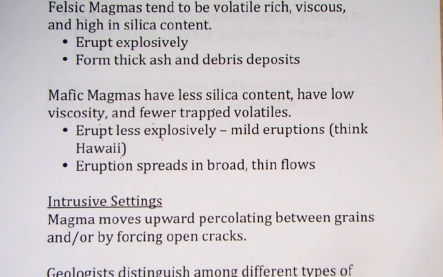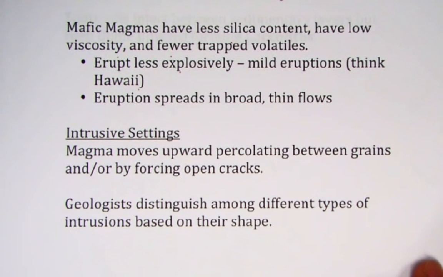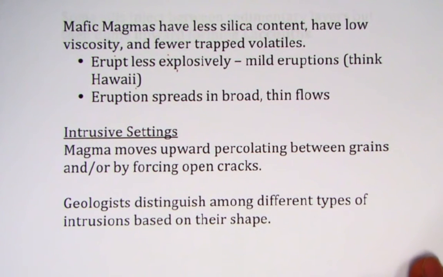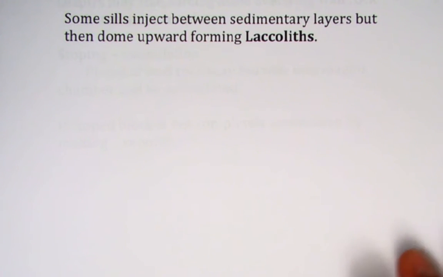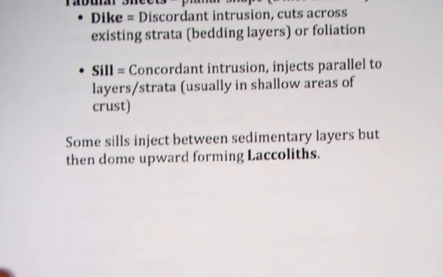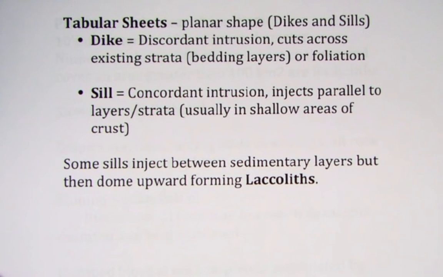They're pretty fluid. Now, when we think of intrusive settings, magma moves upwards, it percolates between grains, or it may make tension cracks, forcing rocks open. When geologists look at intrusive rocks, we distinguish them based on the shape of the intrusive body. For the first one, we'll look at tabular sheets, which have a planar shape.